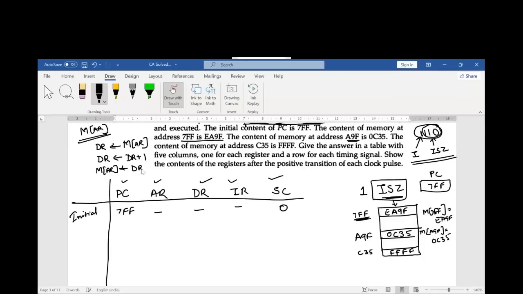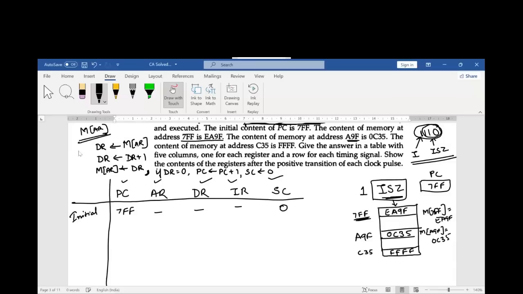Along with this, we will check the value of DR here itself. If DR is 0, I need to skip: increment and skip if 0. So if DR is 0, what will I do? I need to skip the next instruction. How can the next instruction be skipped? PC equals PC plus 1. And along with this, we will also set SC back to 0.